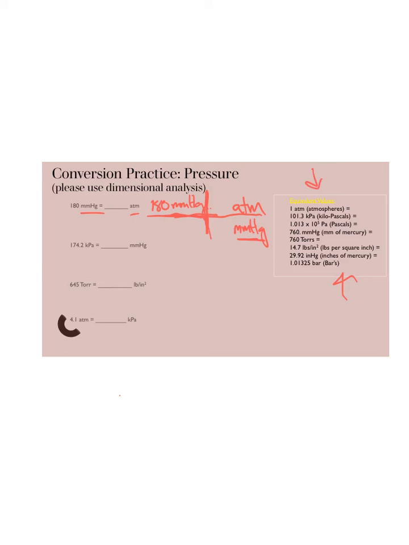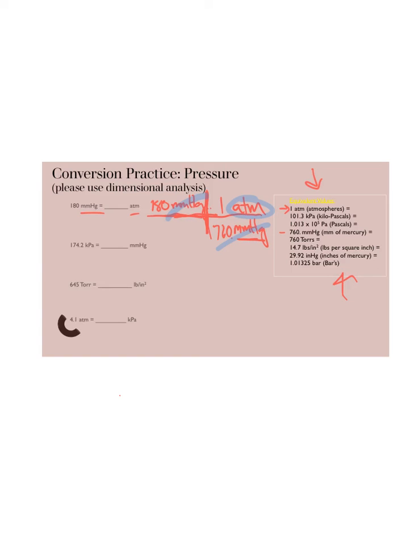Then I'm going over to this chart and I'm taking a look, and I see 1 atmosphere is equal to, right here, 760 millimeters of mercury. So then when you're doing this math, now millimeters of mercury cancels out at top and the bottom, and we're left with the unit we want. So then you just do the math, 180 times 1 divided by 760.